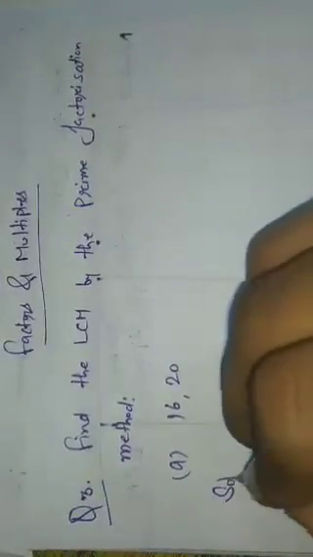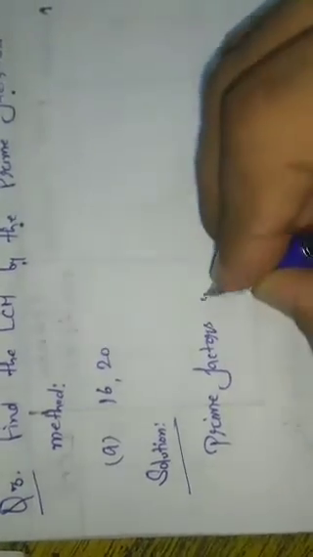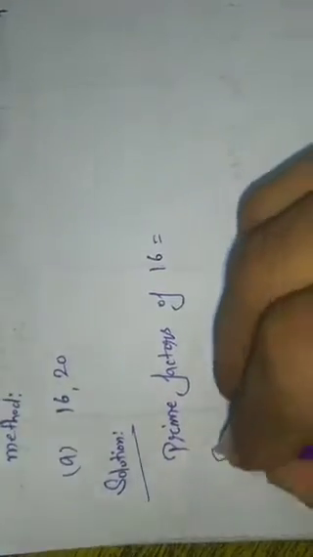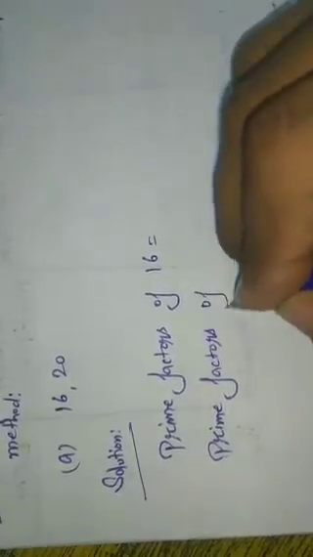16 and 20. So look at the solution. How can we find the LCM with the help of the prime factorization method? Here you will find the prime factors of 16 and the prime factors of 20.